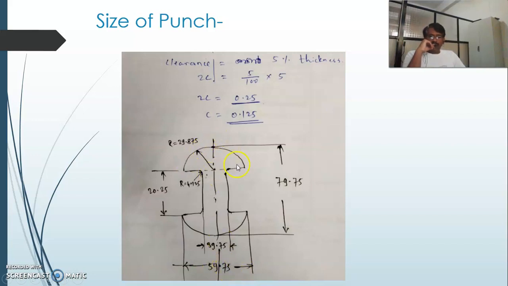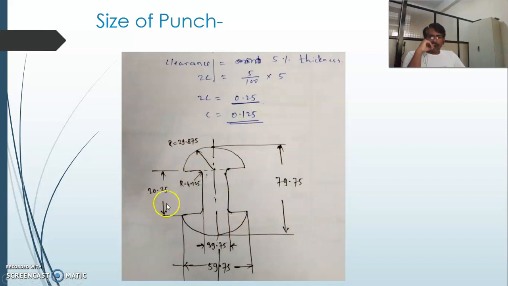For the semicircle, only 1C we have to minus, so that 1C value is 0.125, so 30 minus 0.125 becomes 29.875. For the radius, the radius goes inside with the C, an increase by C, so 4 plus 0.125 becomes 4.125 for the punch. So these sizes will be for the punch.